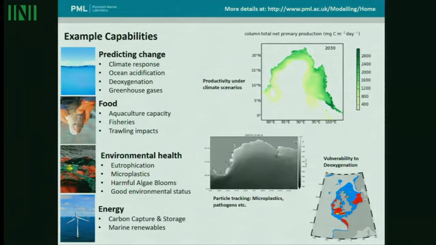This comes from the Marine Strategy Framework Directive, which is the European policy which is a requirement at a regional scale for UK waters to maintain good environmental status as defined by a range of indicators. Whether, of course, we'll still be doing that in a few years' time is another question. We can also look at things like carbon capture and storage and marine renewables.